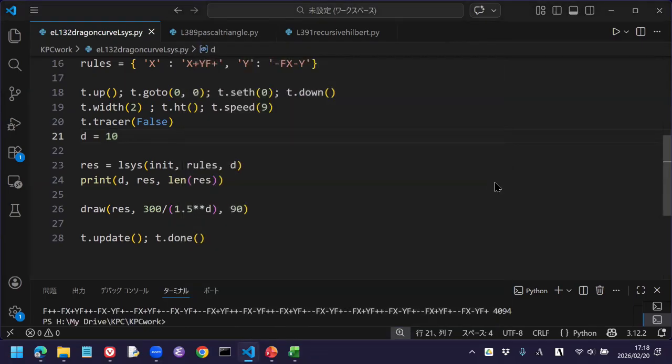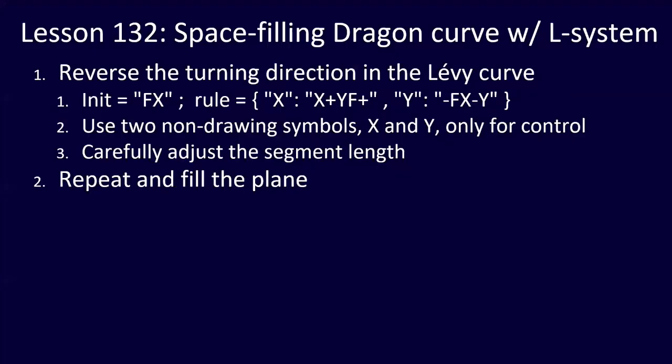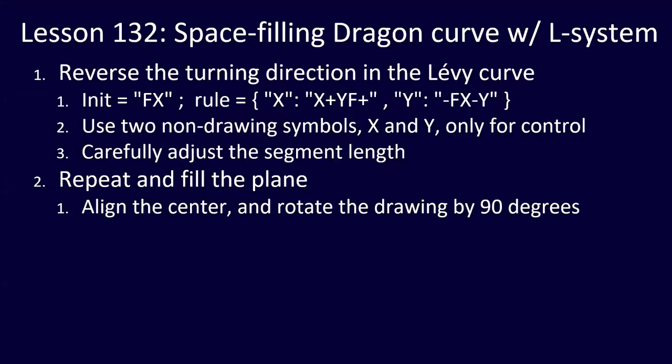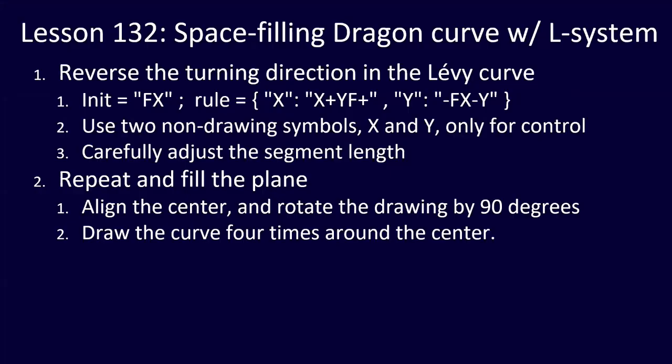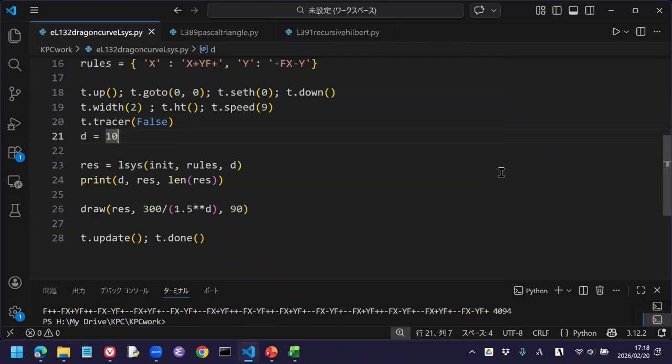So what's next? Repeat and fill the plane. Let's check again to see that it really fills the plane. So in this case, align the center, rotate the drawing by 90 degrees and repeat it 4 times. Let's do it. The L system is called only once.